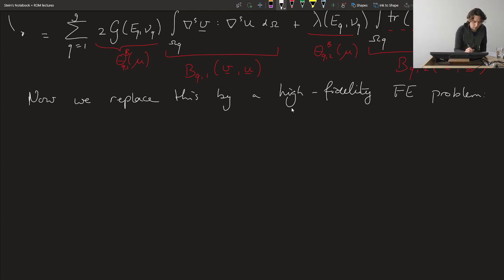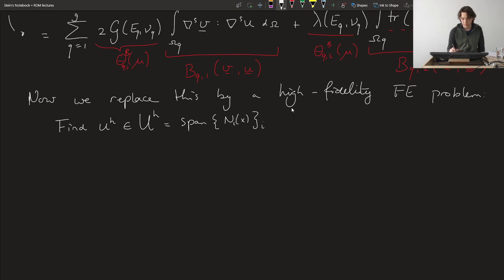And that problem statement would look like: find some discrete solution or finite element solution u_h in a finite element function space, also U_h, which will be, as we typically do with finite elements, the span of a whole bunch of basis functions, x_i, where we have a span from i equals 1 to some number N. And at this point we're going to assume that this number N is very, very large.